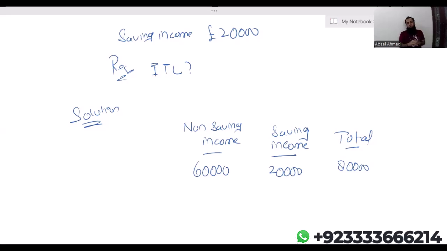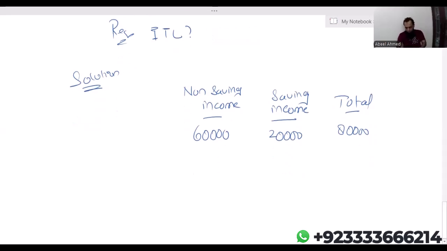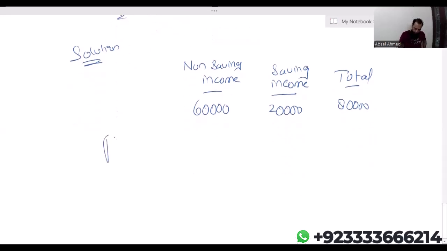Or if an individual does not have enough non-saving income to utilize the personal allowance, then the remaining personal allowance is deducted from the saving income. For example, if an individual has non-saving income of 10,000, I'll be utilizing 10,000 of the personal allowance from the non-saving income, and the remaining 2,570 will be deducted from the saving income. So it is always the non-saving income first.